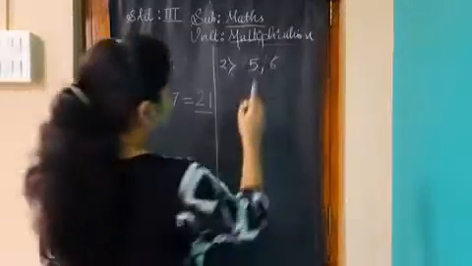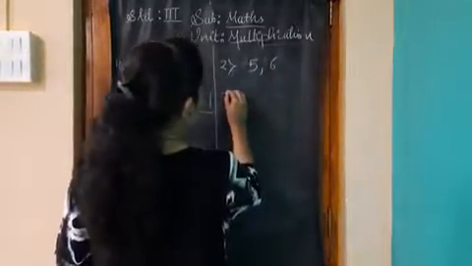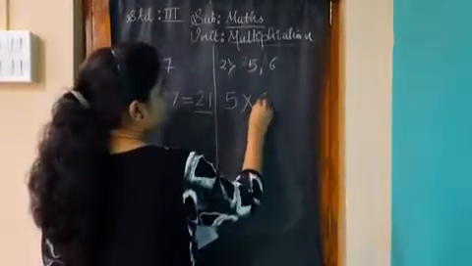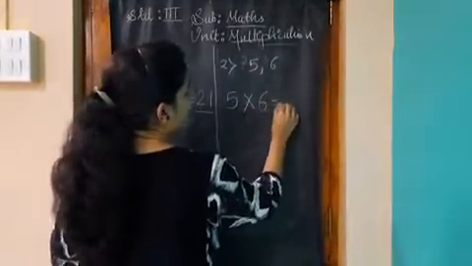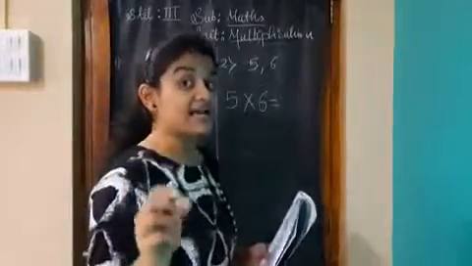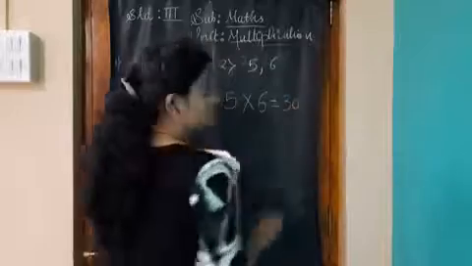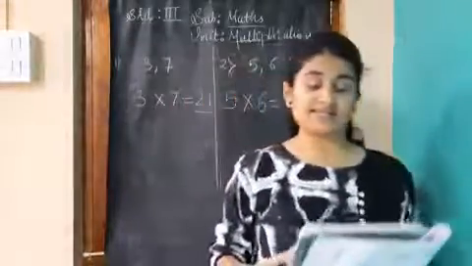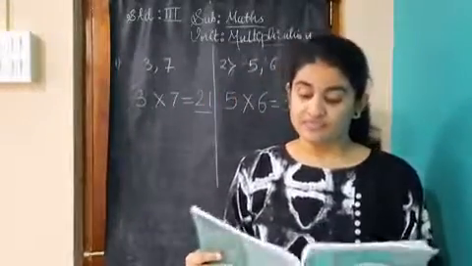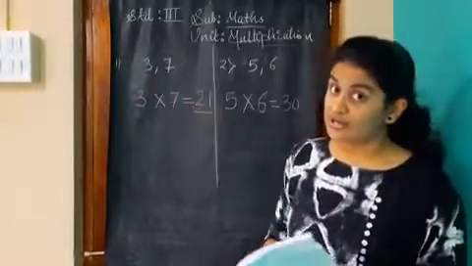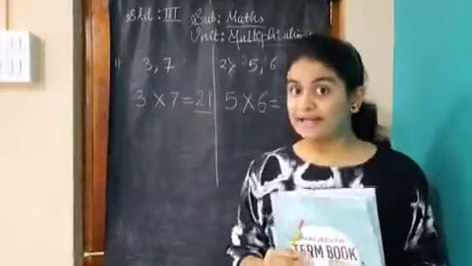Okay? Now we will solve this one. 5 multiplication sign number 6, and the final answer will be 5 6 is 30. Understood? Yes. So students, here we have arranged the number in horizontal manner and then multiplied it.